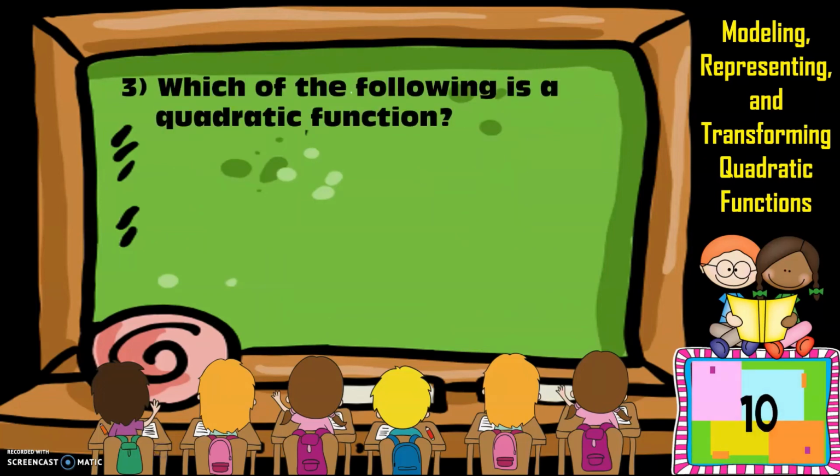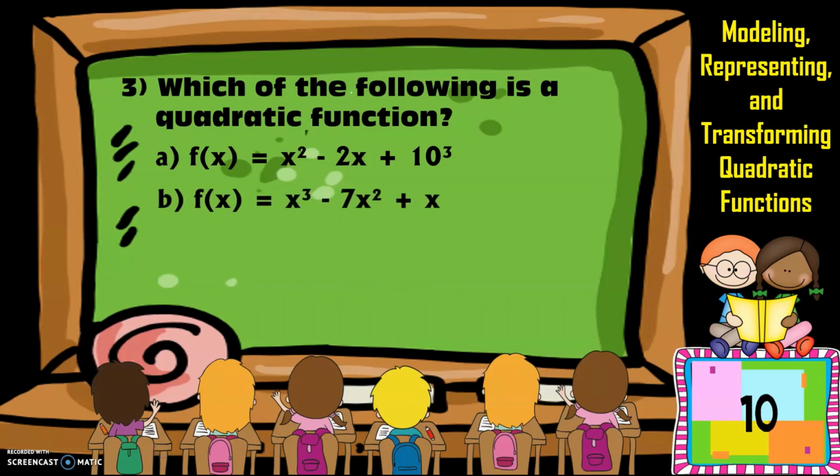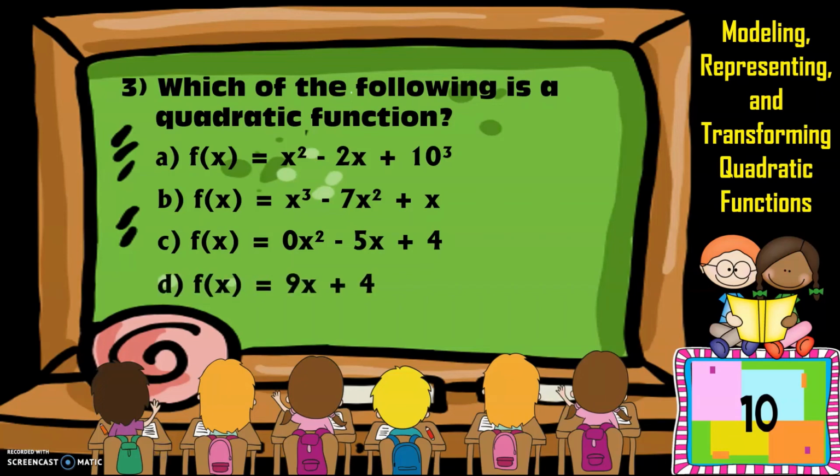Number 3, which of the following is a quadratic function? Is it A, x squared minus 2x plus 10 cubed? B, x cubed minus 7x squared plus x? C, 0x squared minus 5x plus 4? Or D, 9x plus 4? Your timer starts now.